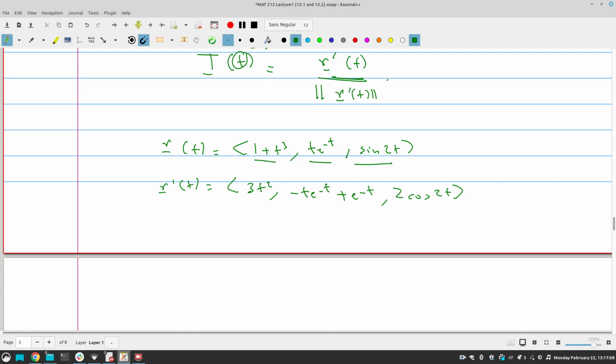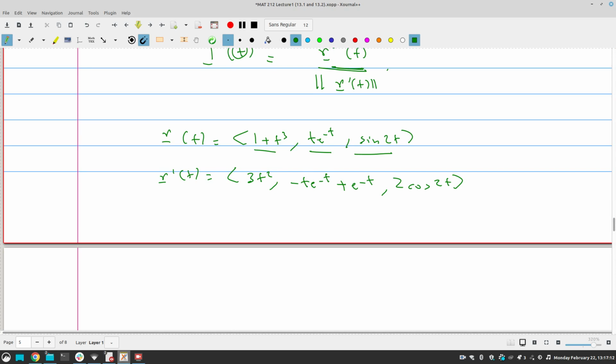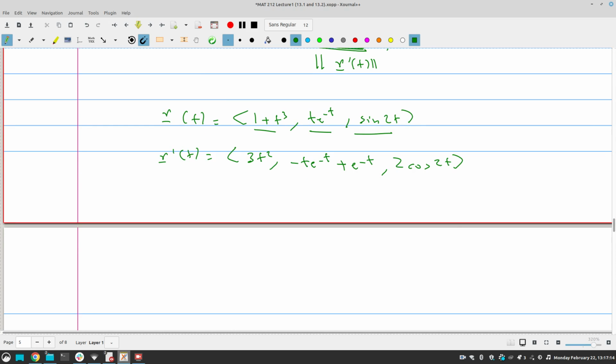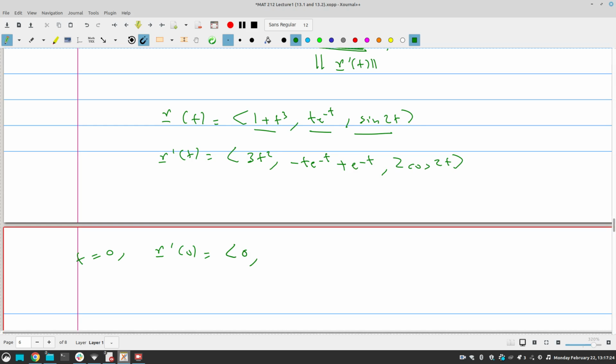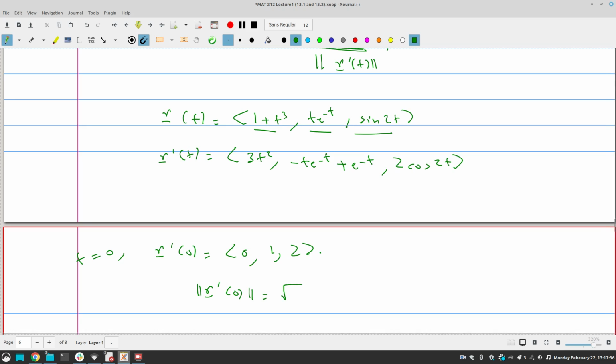Of course, if you want to find the unit tangent vector, r prime at t equal to 0 is (0, 1, 2). The magnitude of r prime 0 equals the square root of 5.